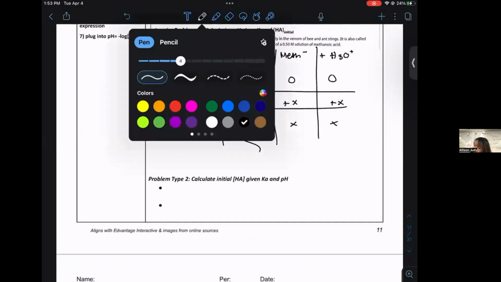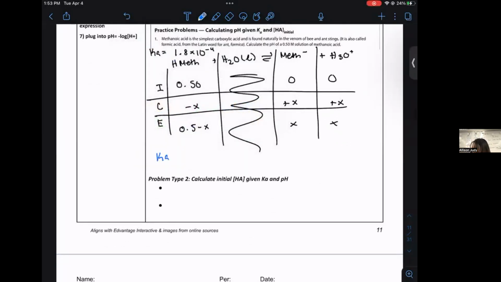You're going to see that the Ka is at least 1,000 times less than the 0.5 initial. So what you get then is Ka is equal to x squared all over 0.5. And you would plug in your Ka from up here, and you would get that x is equal to some value. What was that value?